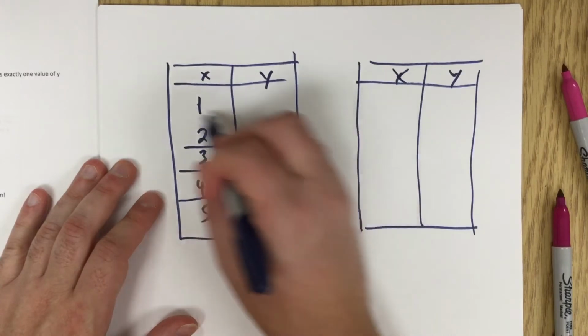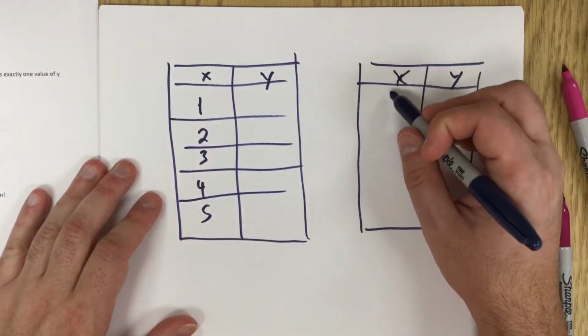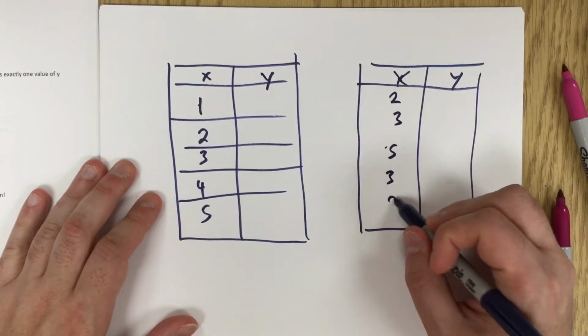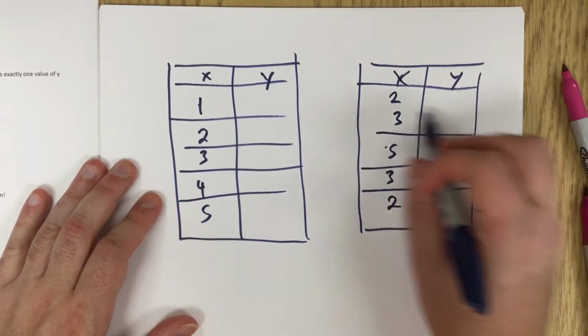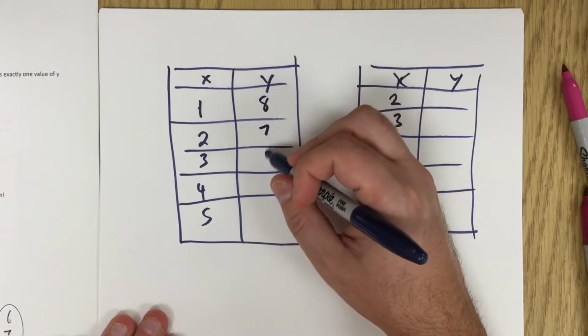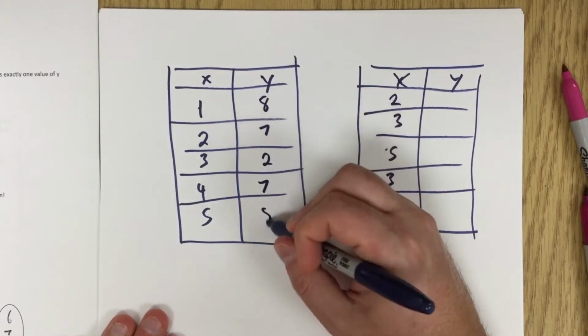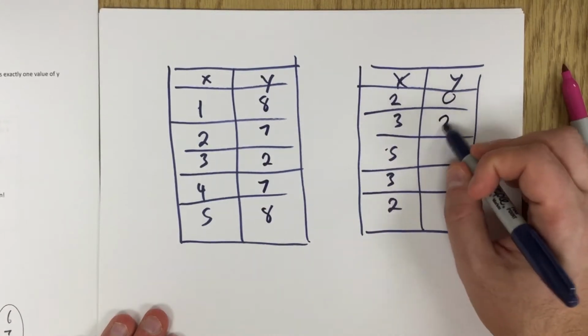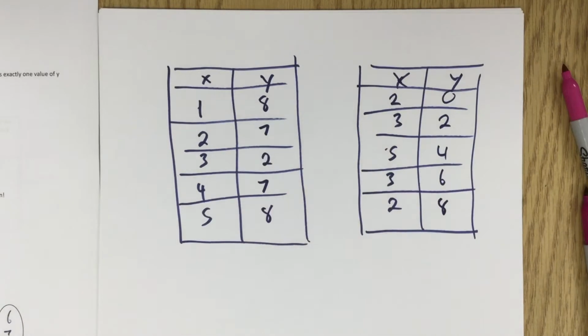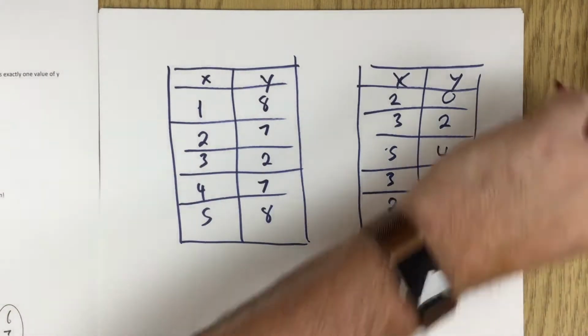Actually, we will be clever: 2, 3, 5, 3, 2. 8, 7, 2, 7, 8. 0, 2, 4, 6, 8. Okay, so one of these is a function and one of them is not. You could pause the video and try to figure out which is a function and which is not a function.